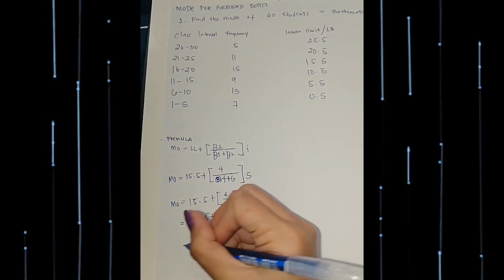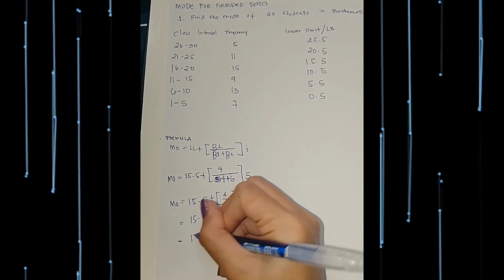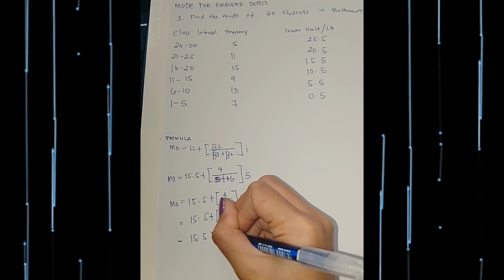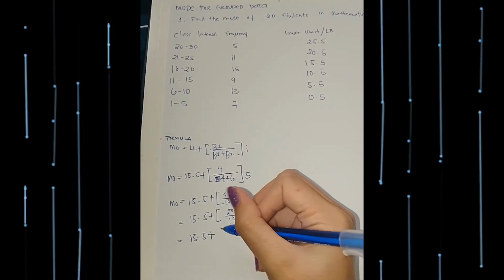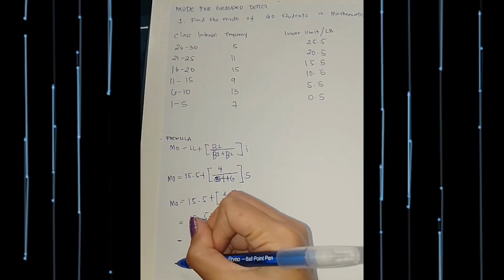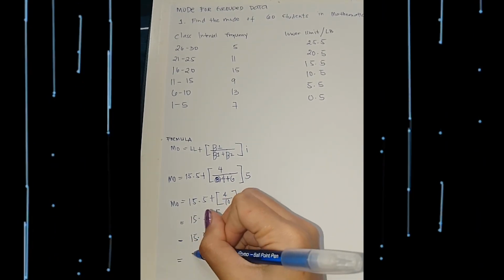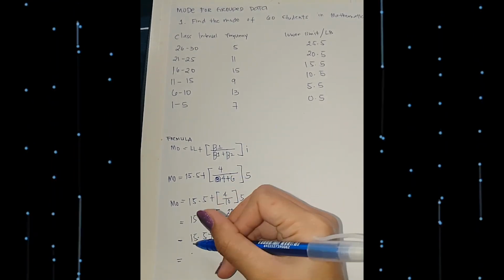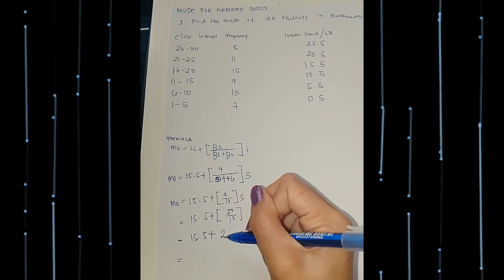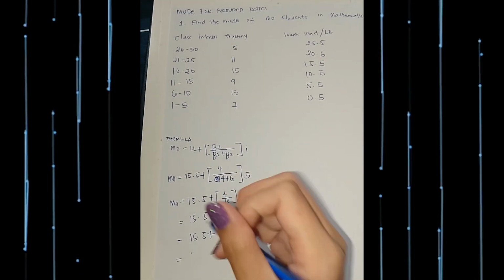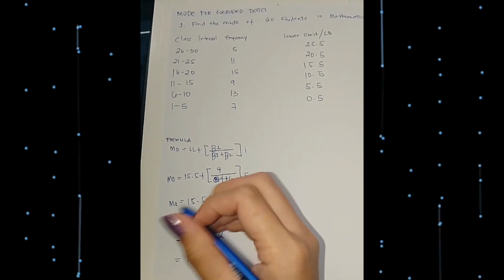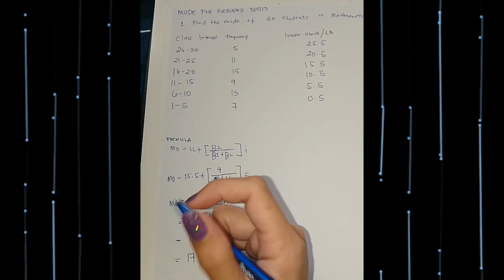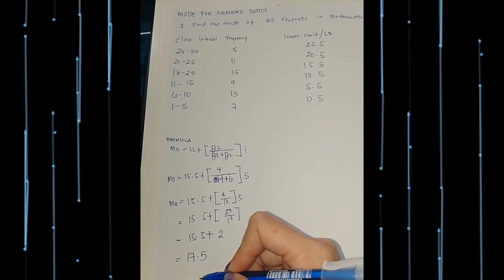Then, mode is equal to 15.5 plus 20 divided by 10, which is 2. So, 15.5 plus 2 is equal to 17.5. So, this is now our mode for the grouped data.